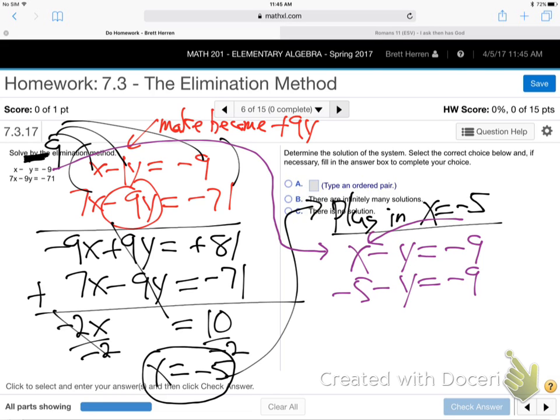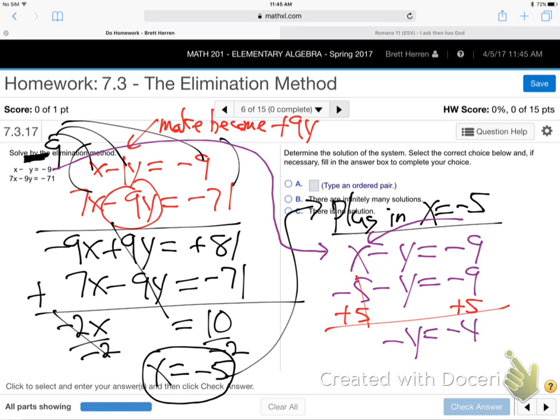What do you do to finish solving for y there? Add that 5. That gets rid of that guy, right? And then we have negative y is negative 4.